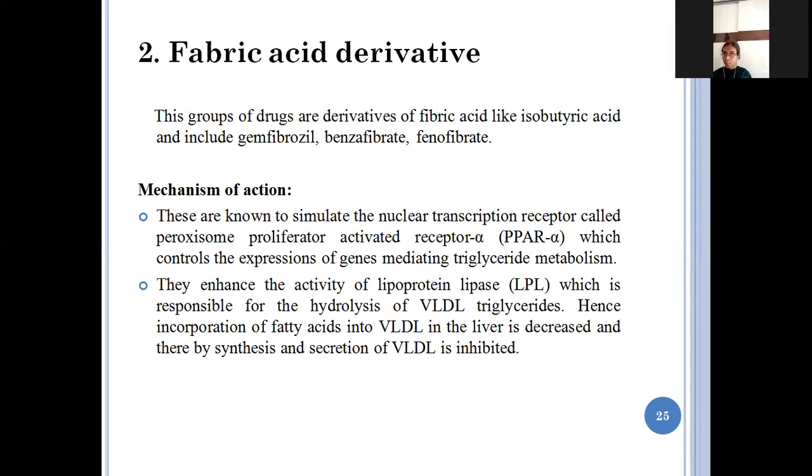Its main mechanism is to avoid the synthesis and secretion of very low density lipoprotein. Because very low density lipoprotein is a dangerous cholesterol that causes several heart problems, it has to be inhibited, and it can be inhibited by using the fibric acid derivatives.